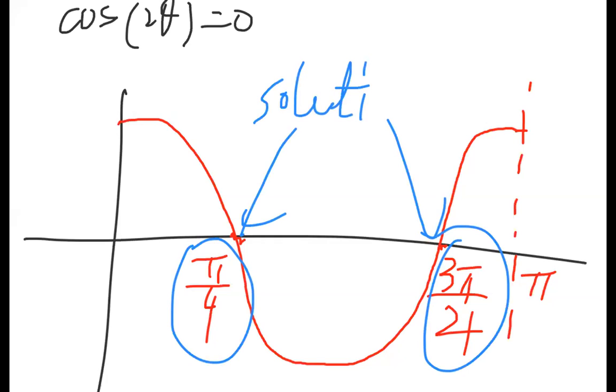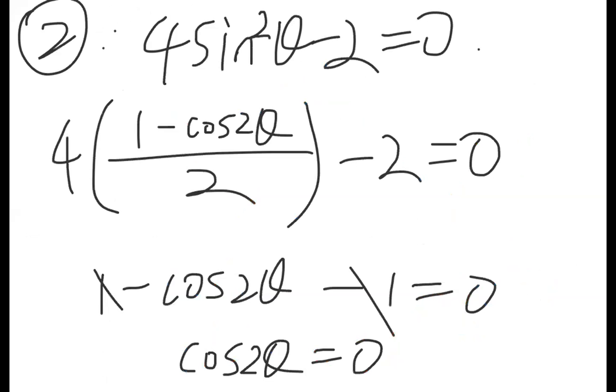So now you have the solutions for cosine of 2 theta equal to 0, which are the solutions for our original equation, 4 times sine square minus 2.